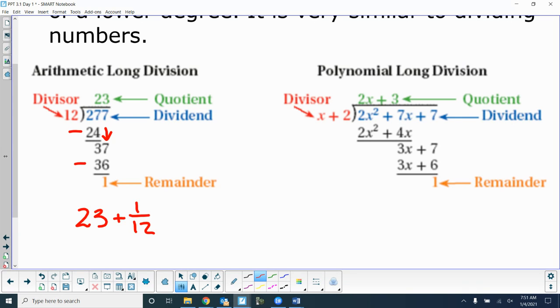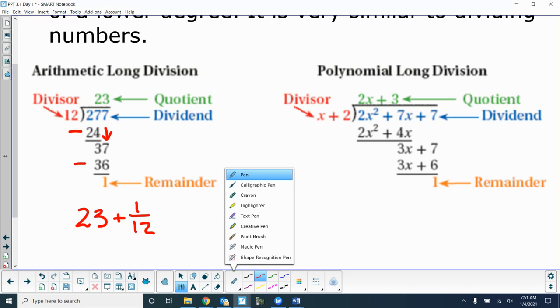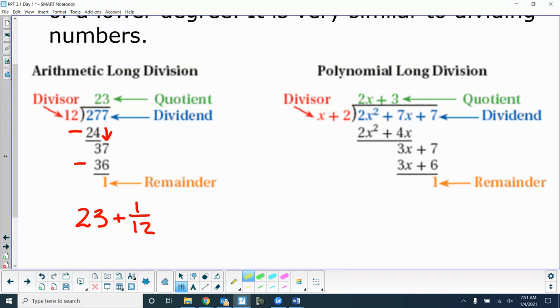And over here, we do the same thing, all right? Now, when we do this, I'll get my highlighter out. Okay? All I worry about when I see a bunch of terms, this is a trinomial divided by a binomial. We'll always just have binomials here for these long divisions, but this could be more than 3 terms.